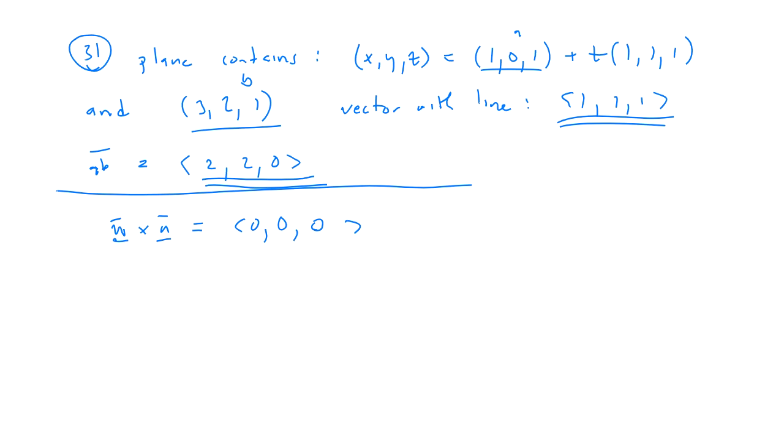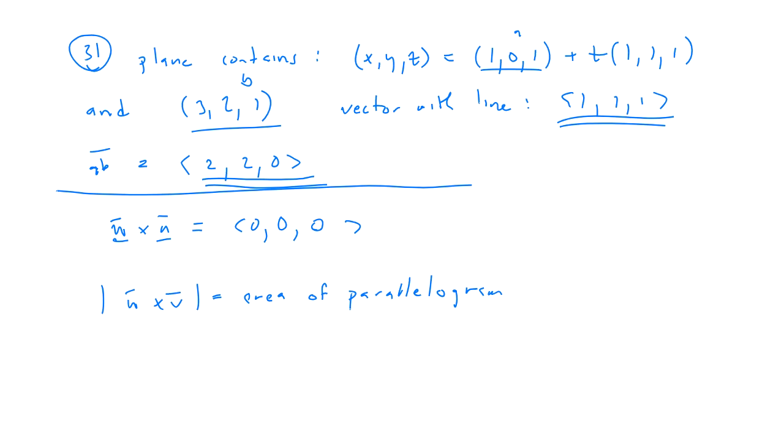a similar idea. I have to spell it out because the next one's going to be similar. The length of the cross product will be the area of the parallelogram.